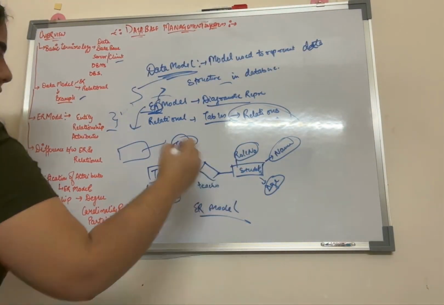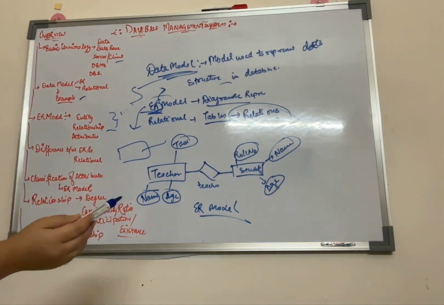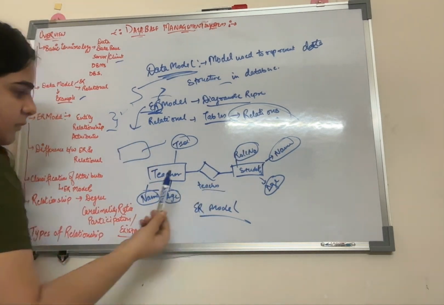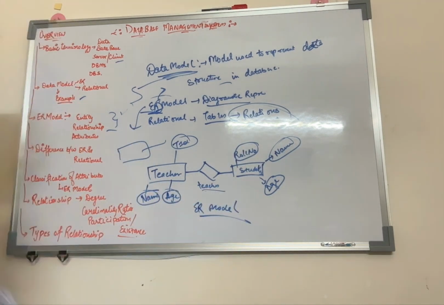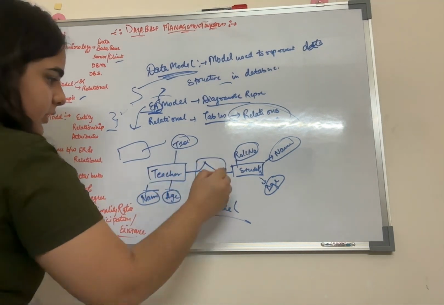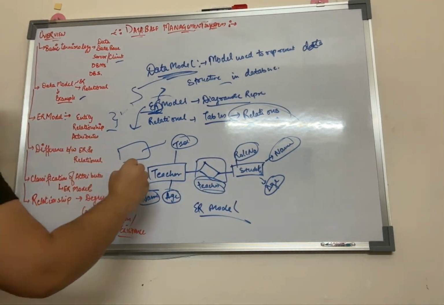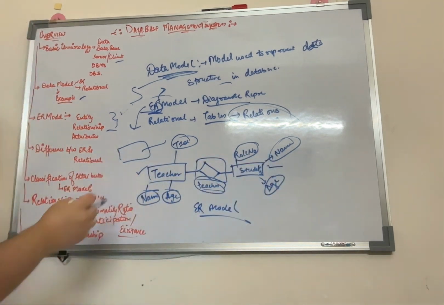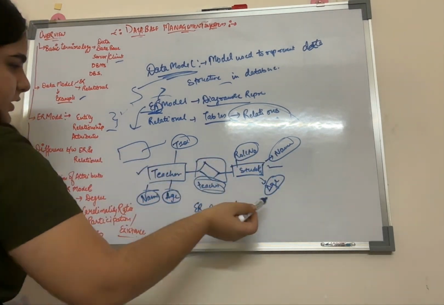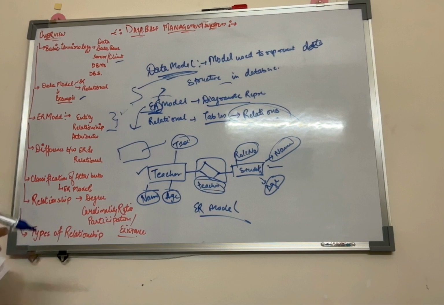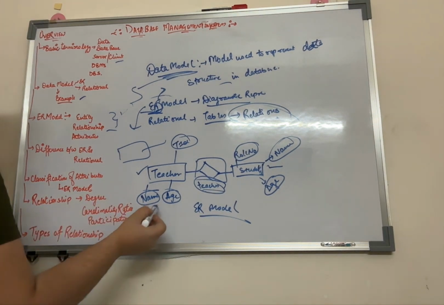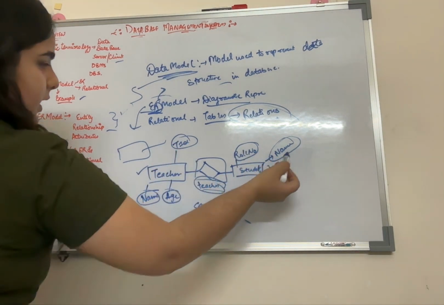So basically this is the representation of ER model for a relationship that teacher teaches student. So this is a relationship and this is represented using diamond symbol. Teacher and student are called entities. Don't worry, I'll explain what is entity. And these are attributes: name, age, teacher ID, roll number, name, and age.